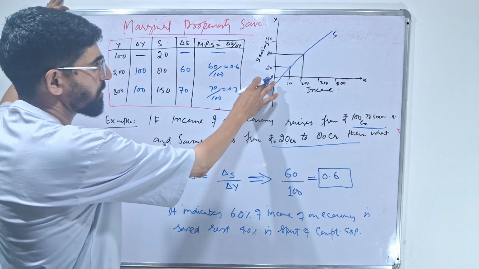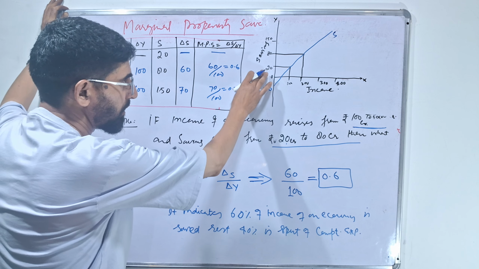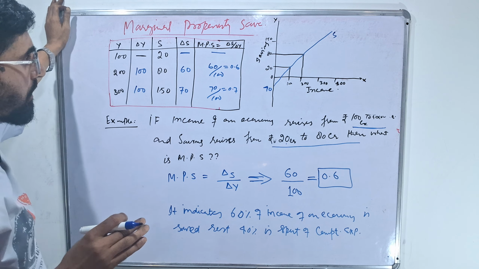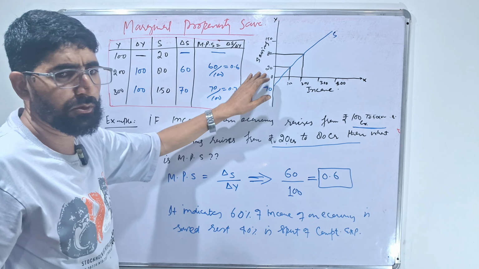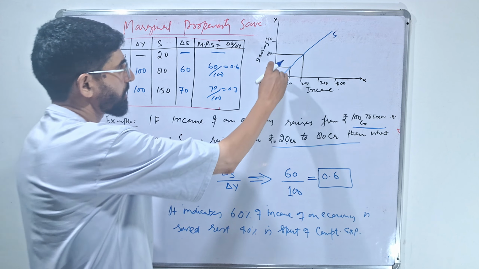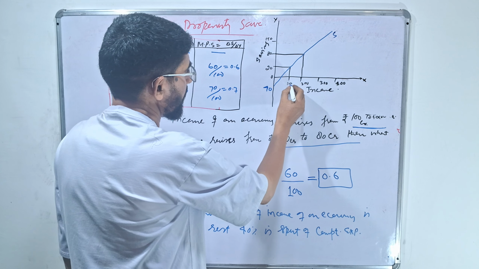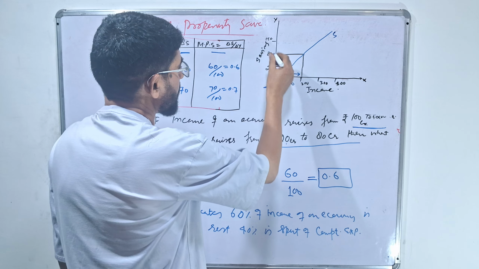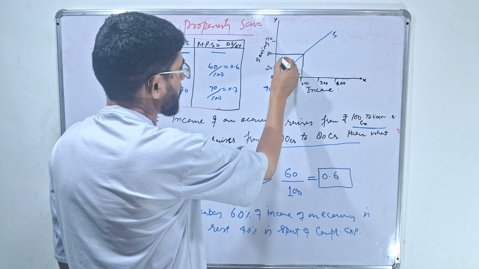Here is 0, when at 0 level of income, consumer is still consuming. Why? As I told you in earlier lectures, here consumer will still consume even when his level of income is 0. But above this, there is a positive relationship. As income increases from 100 to 200, saving increases from 20 to 80.